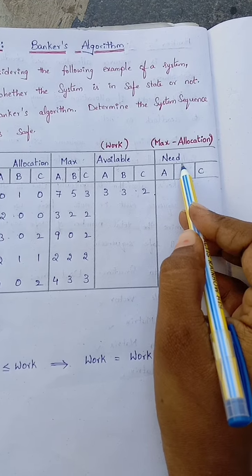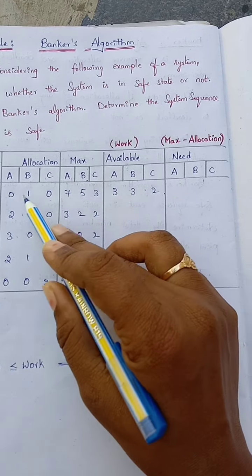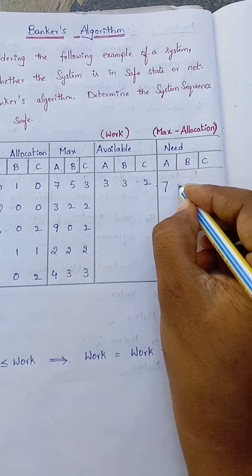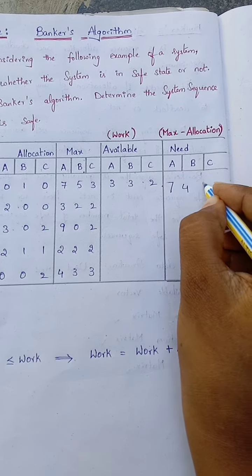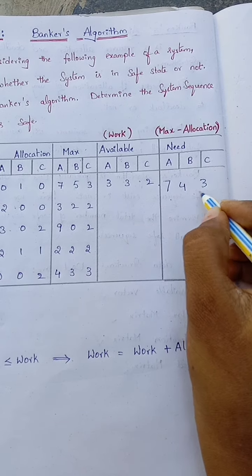How to calculate need? Max minus allocation. The max is 7, 5, 3. 7 minus 0, 7. Next, 5 minus 1, 4. Next, 3 minus 0, 3. So it would be 7, 4, 3.